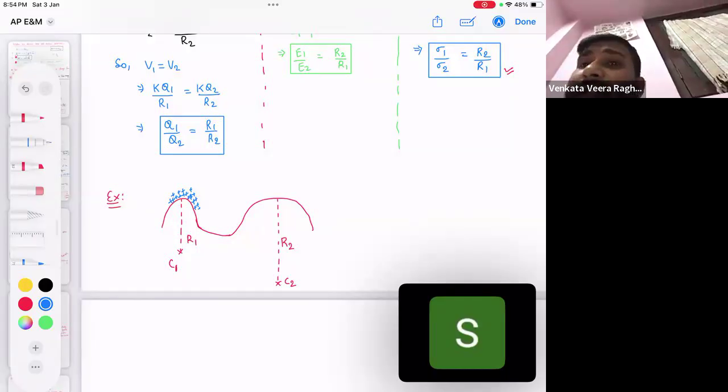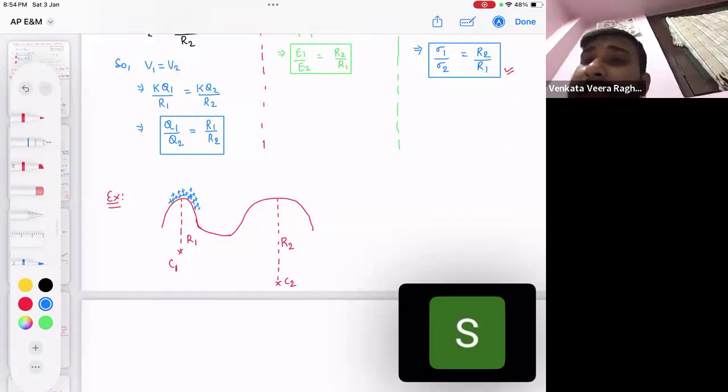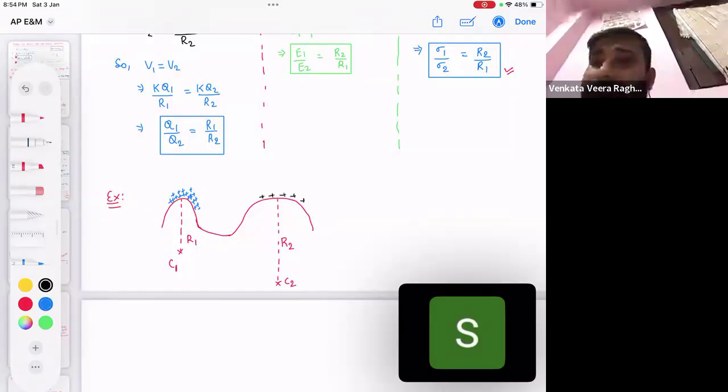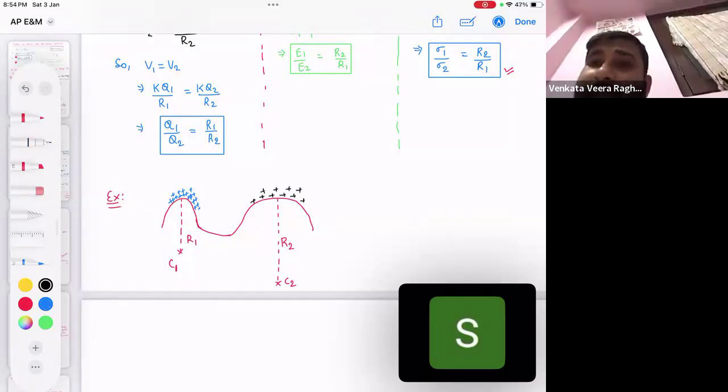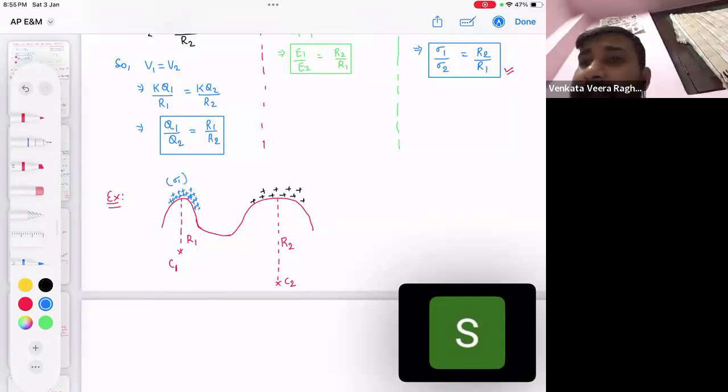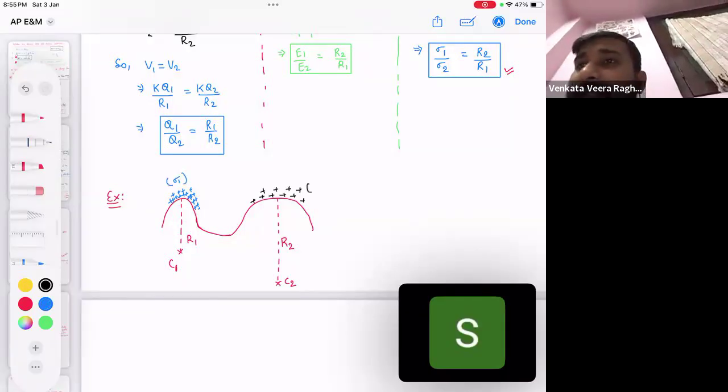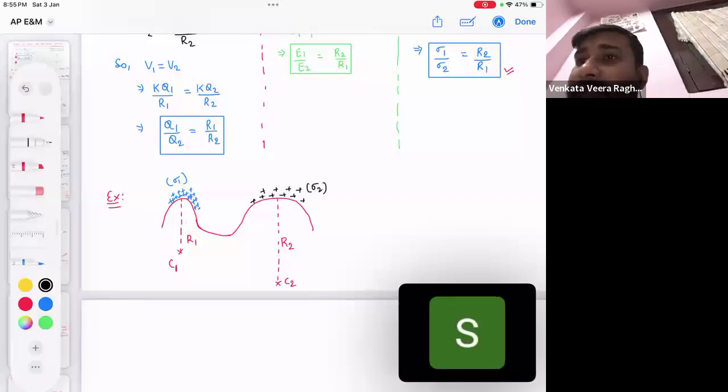So here the distribution of charge will be much denser compared to the second part. If I call the charge density at this point sigma 1 and at this point sigma 2, can I say that sigma 1 will be greater than sigma 2?